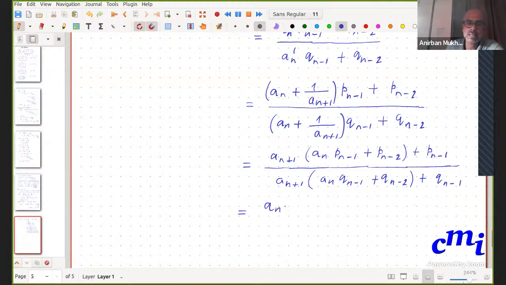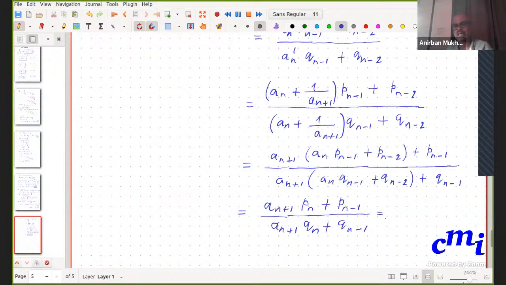So this is an plus 1 pn plus pn minus 1, and this is an plus 1 qn plus qn minus 1.